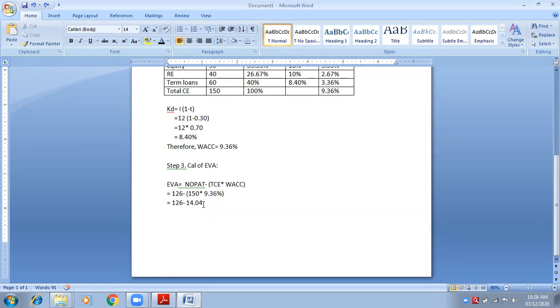Is it clear now? So what is left over with me? 111.96. Very good. So this is my EVA. 111.96 means 1 crore 11 lakhs 96,000.